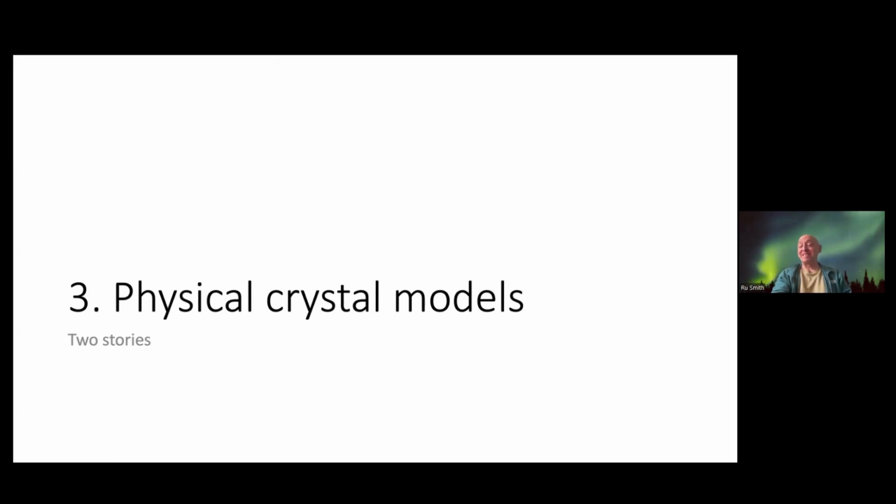So, physical crystal models. Many of you will have seen sets of crystal models that have been made for several centuries now, and they tend to be just perfect, ideal, archetypal crystals to illustrate the different crystal systems, made out of different things, made out of wood, made out of plaster.